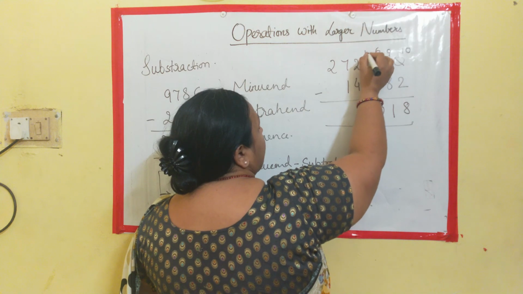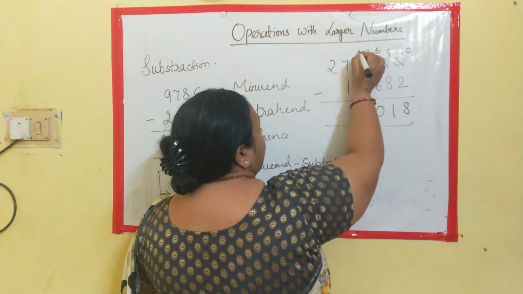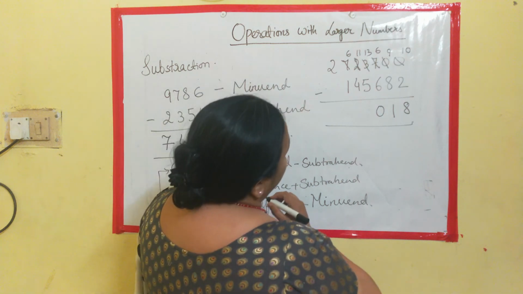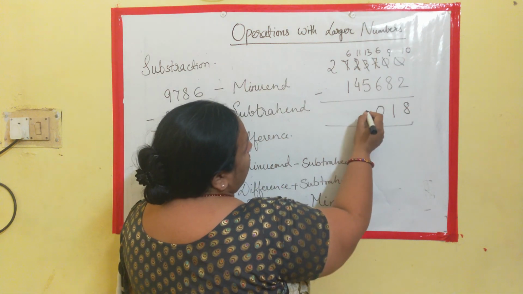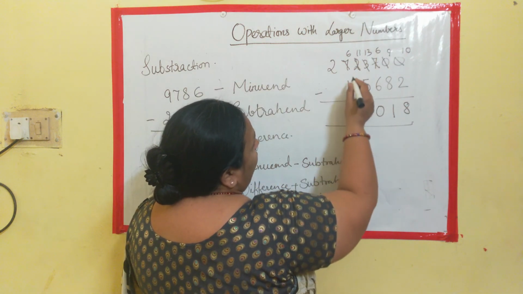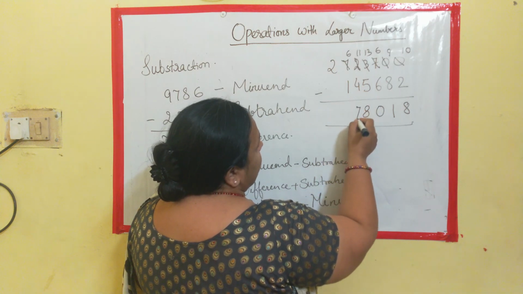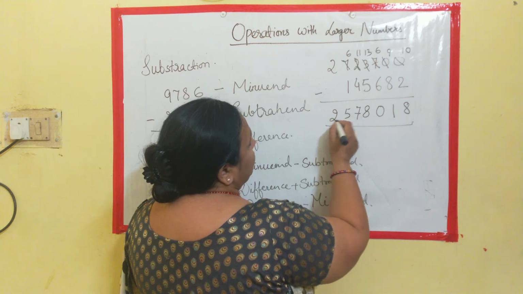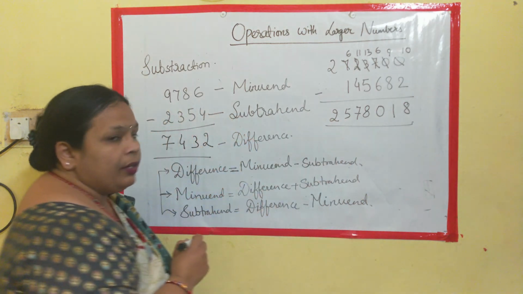So 3 will become 13, 2 will become 11, and this will become 6. So the answer which we are going to get is 13 minus 5 is 8, 11 minus 4 is 7, and 6 minus 1 is 5 and 2. So this is your difference.